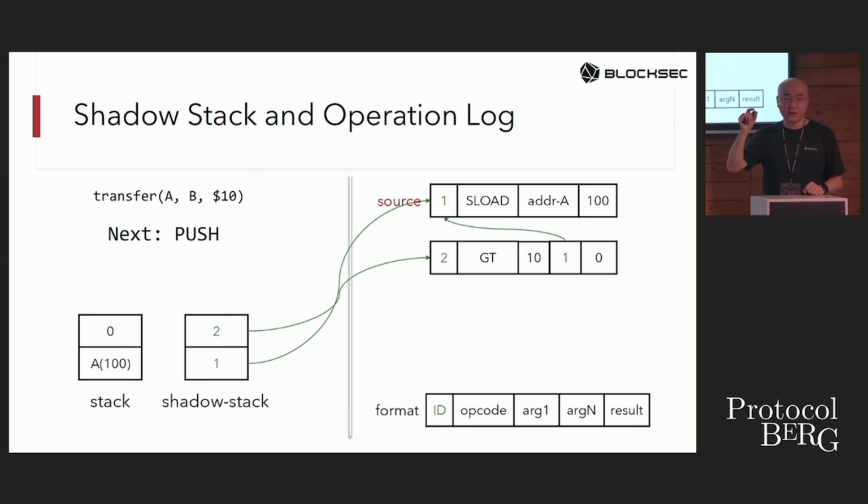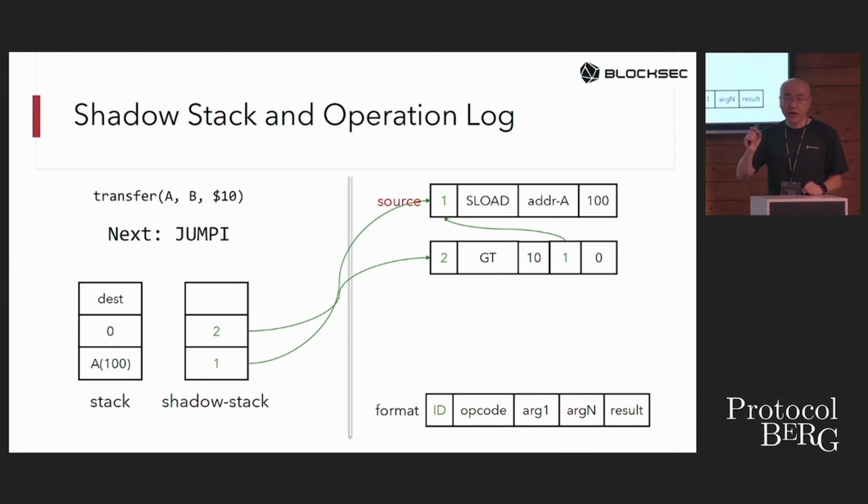The operand is 10 and the output of operation 1, because we need to compare the current balance of account A to 10. And the current balance of account A is the output of operation log 1, so we will put this information in operation log 2.